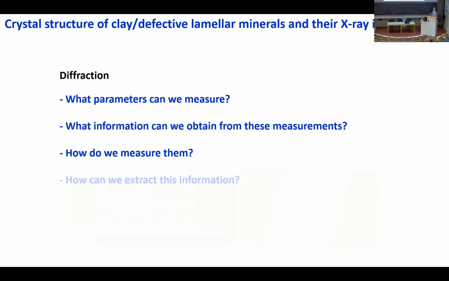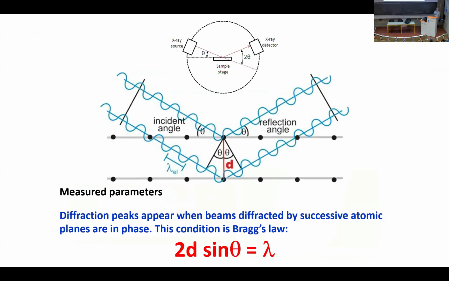Why that? The first thing is that the way we will measure these distances is by using Bragg's law. What Bragg's law says is that if we want to measure the distance between two planes of atoms within a crystal, we will have the incident wave coming in, and clearly the difference of path between the wave coming in here and coming in here will be these two distances here.